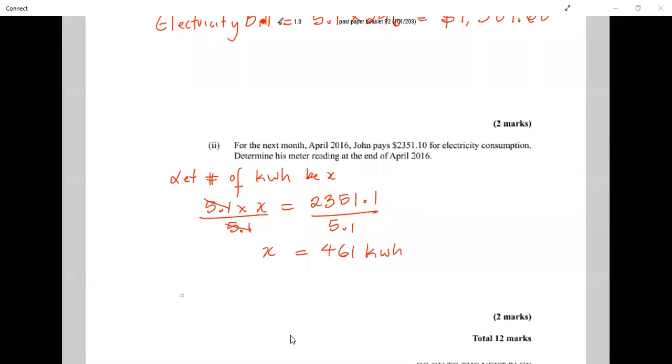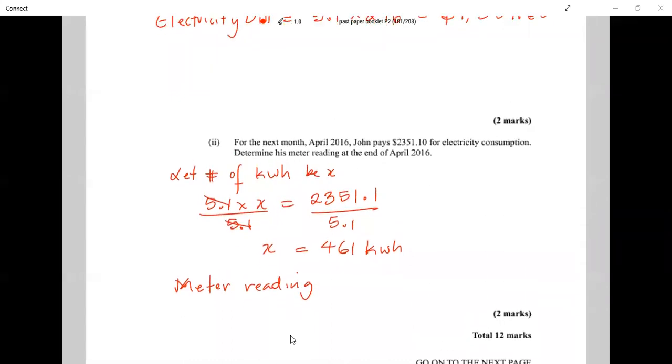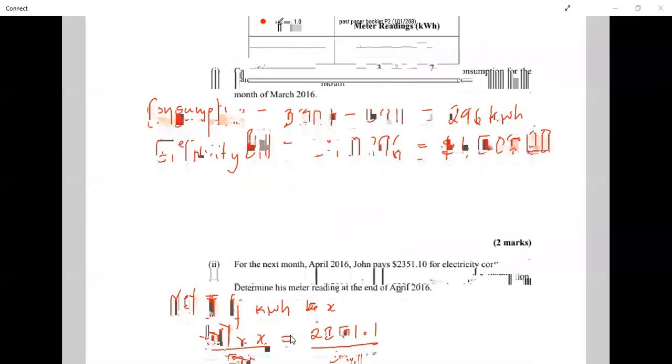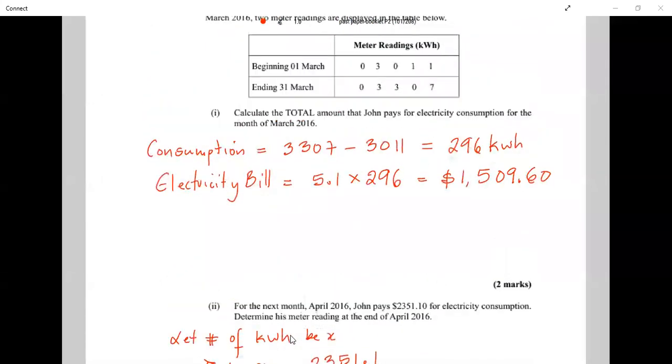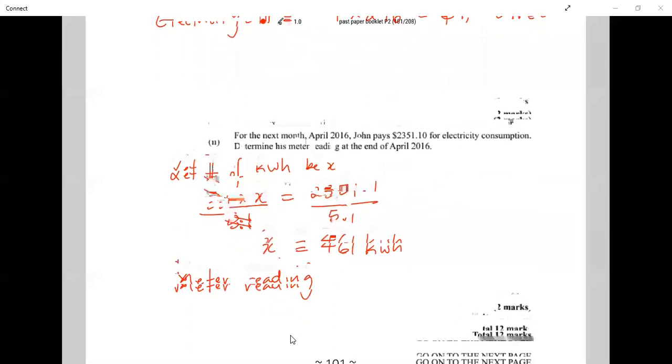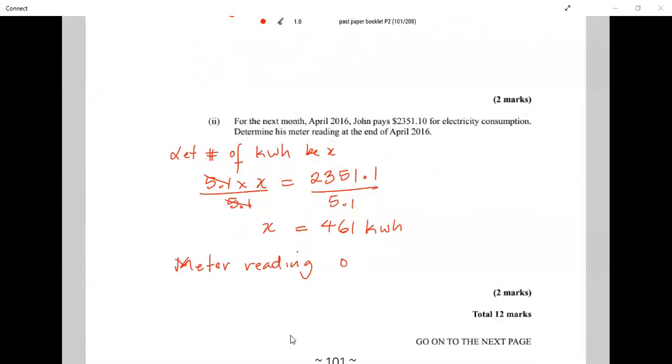Now the meter reading would be whatever the meter reading was at the end of March. At the end of March, it was 3307. So it's going to be 03307 plus 461.